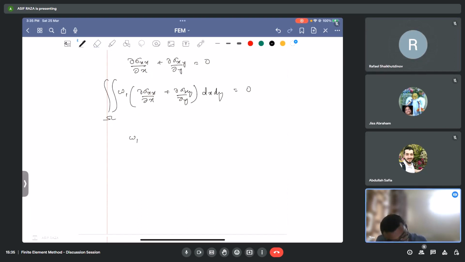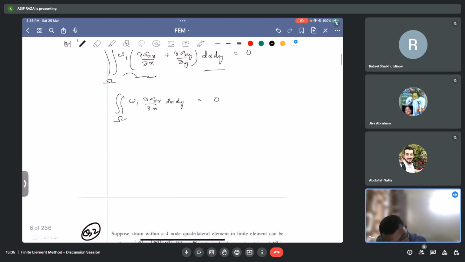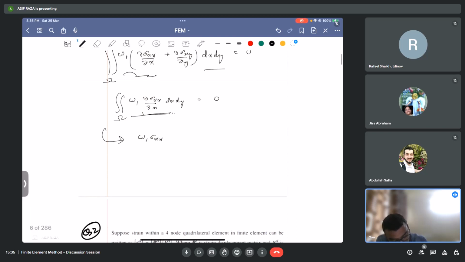Okay, so let us take only one of these: del sigma xx del x dx dy. On integration by parts, we'll have del w1 by del x, and w1 integration of the second term. But we are still having the integration done with respect to x only.